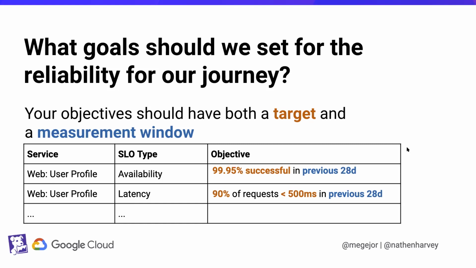But we also have to have a measurement window. Typically these measurement windows are rolling windows that are looking back. So 99.95% successful in the previous 28 days. Looking back over 28 days, do we have a 99.95% success rate? If we do, or better than that, that means we have headroom in our error budget.